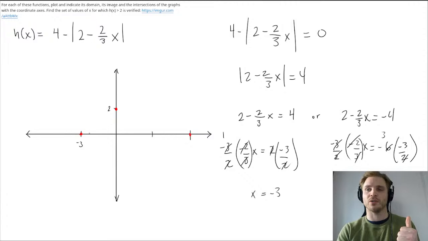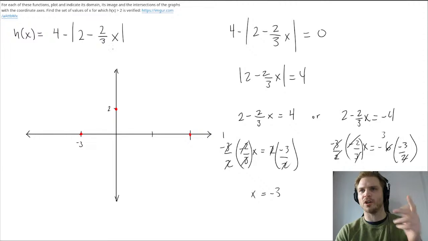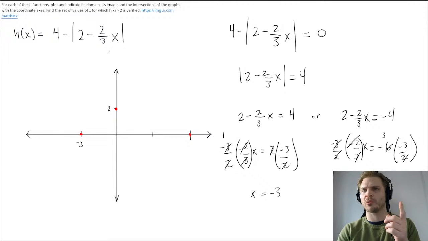Let me put this point on real quick. The first thing is this is the line that has, you know what, let's put one other point on here, which is like whenever this mess equals 0.